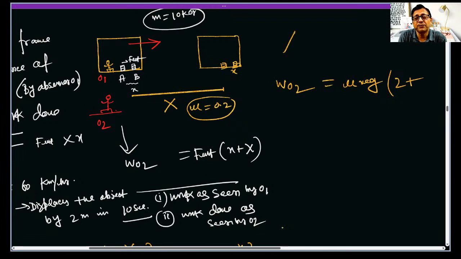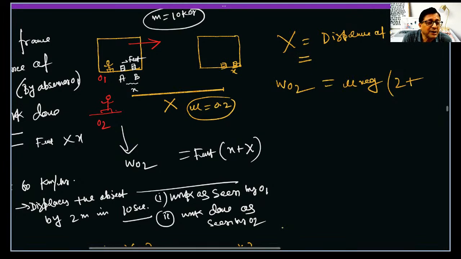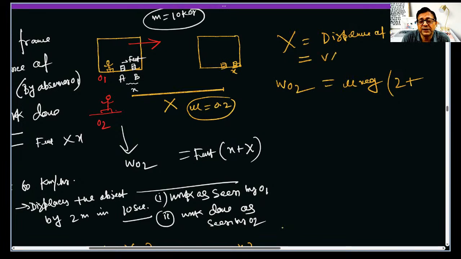So the car displacement x is nothing but the velocity given over there, no acceleration, v into t. 60 into 5 by 18 into t. t is how much? They have given 10 seconds.